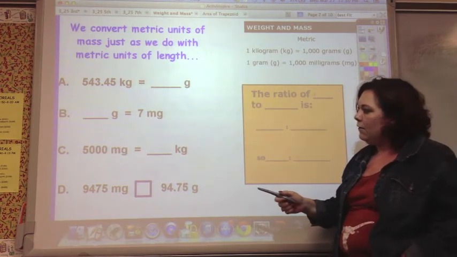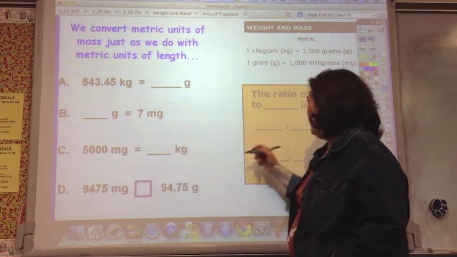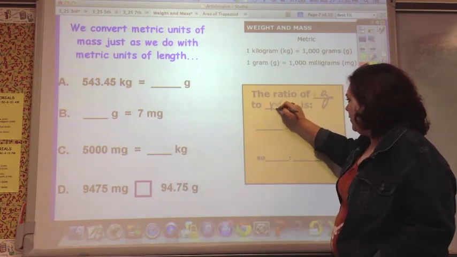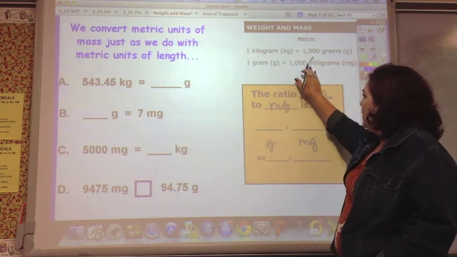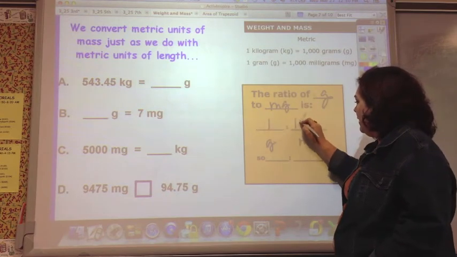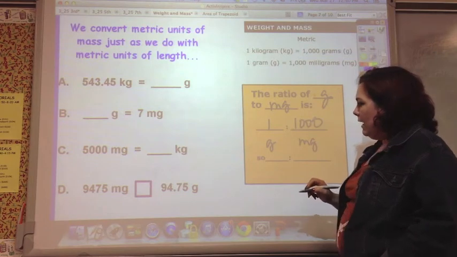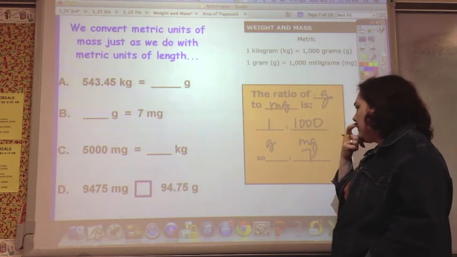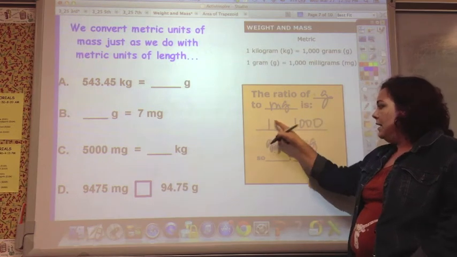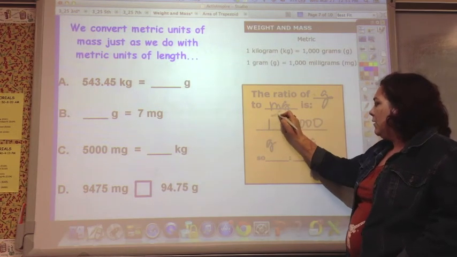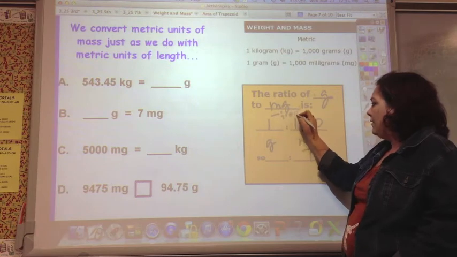Now I'm going from milligrams to grams. Up here it says 1 gram is 1,000 milligrams, and I've got 7 milligrams. To go from milligrams to grams, I have to divide by 1,000.